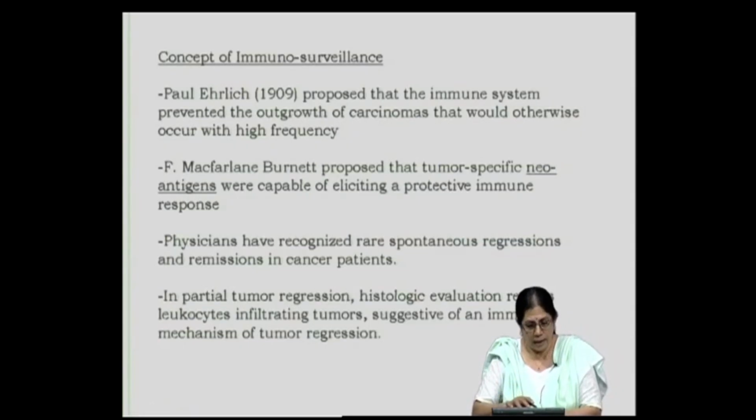There are a large number of reports in the literature that physicians have recognized rare but spontaneous regressions and remissions in cancer patients. One such cancer is Burkitt's lymphoma, which is associated with Epstein-Barr virus.